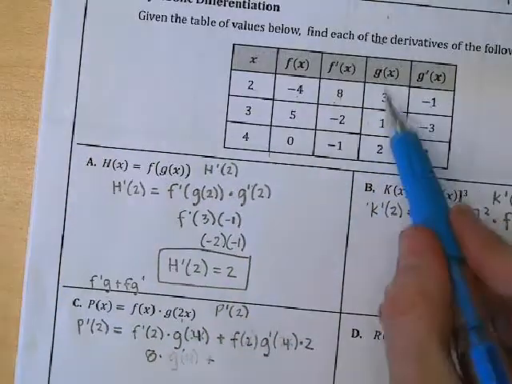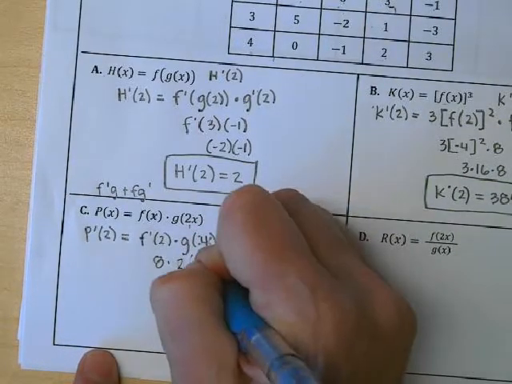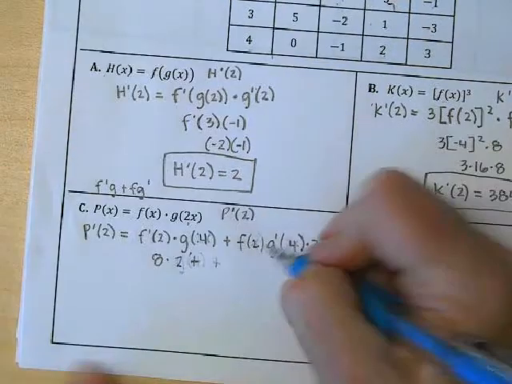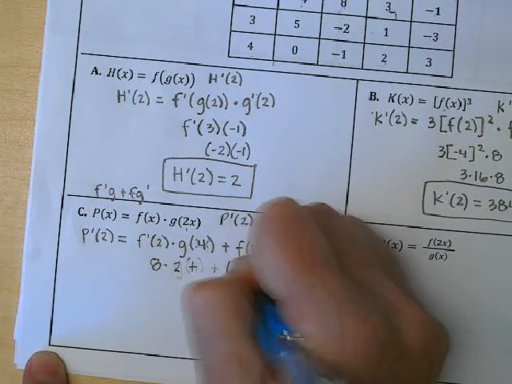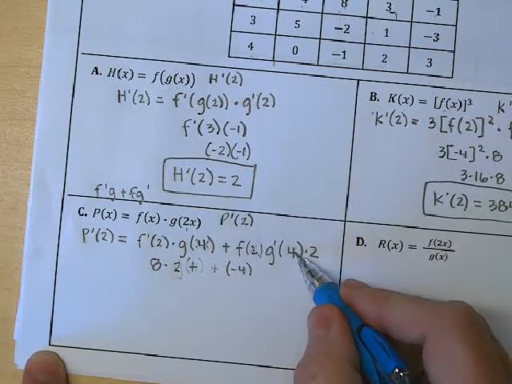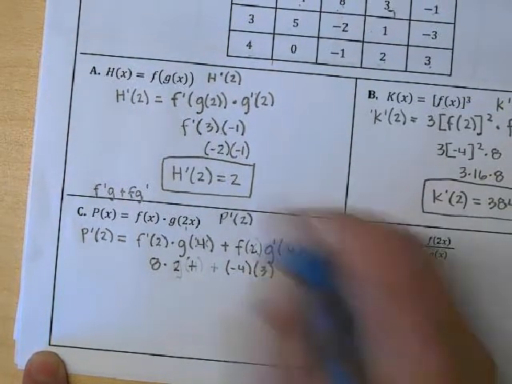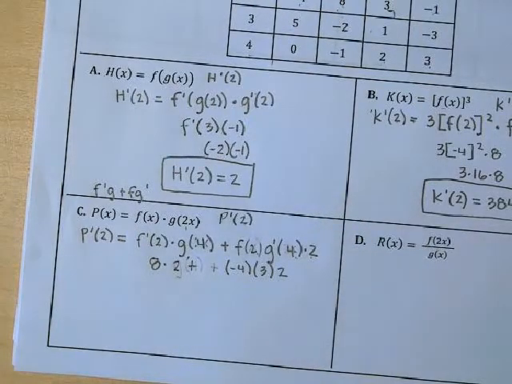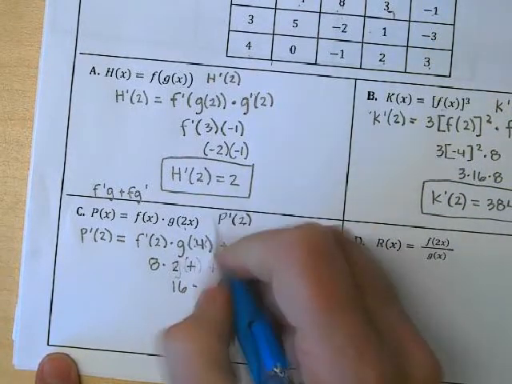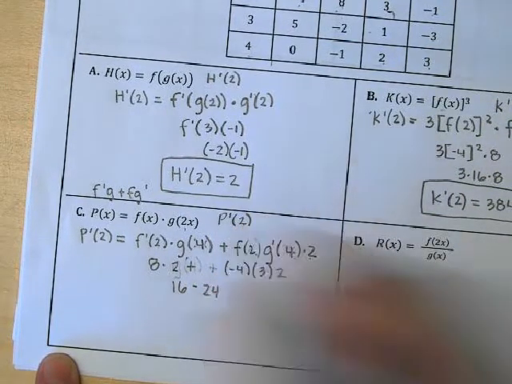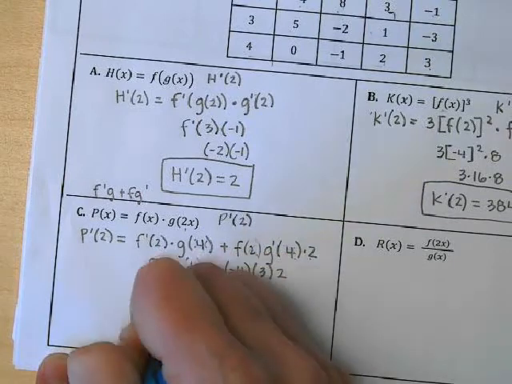Okay, so let's look at g of 4. g of 4 is 2, plus f of 2, which is negative 4, g prime of 4, which is 3, times 2. So it looks like I have 16 minus 24, which tells me that p prime of 2 is equal to negative 8.